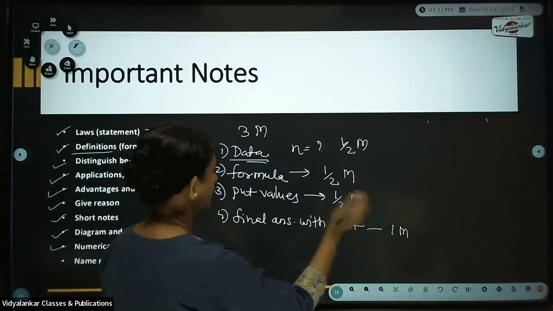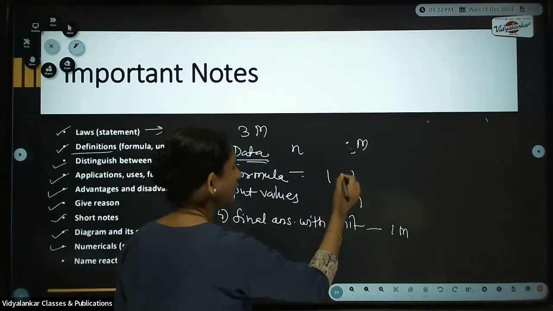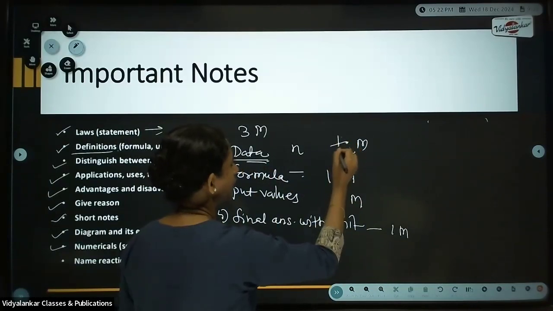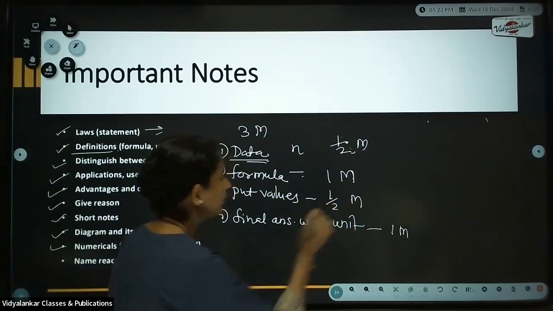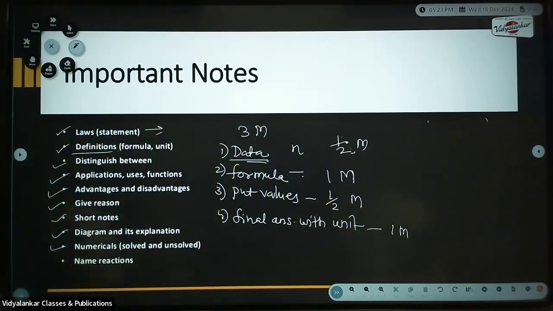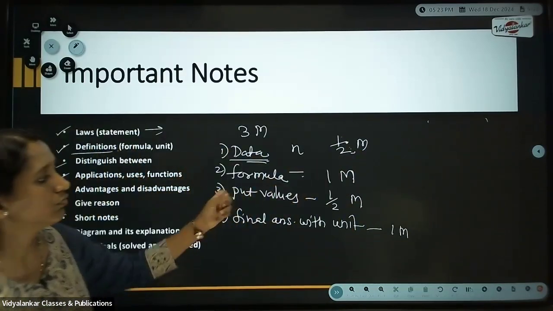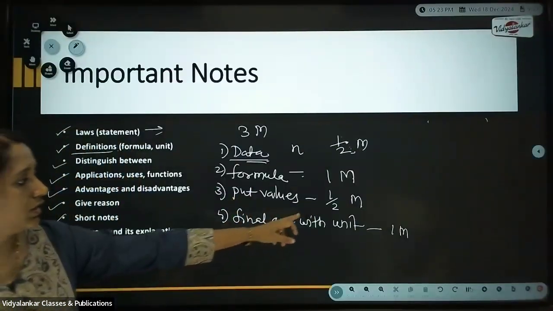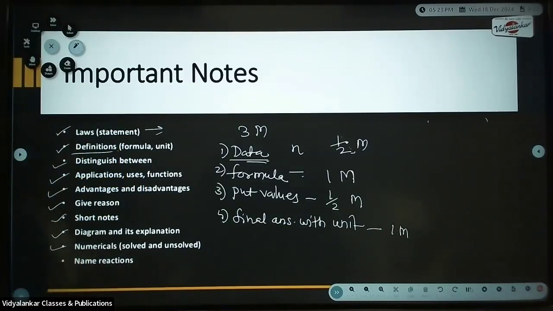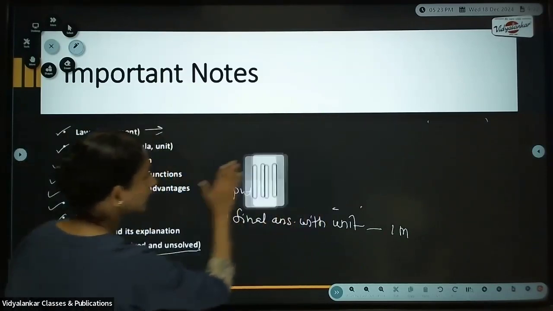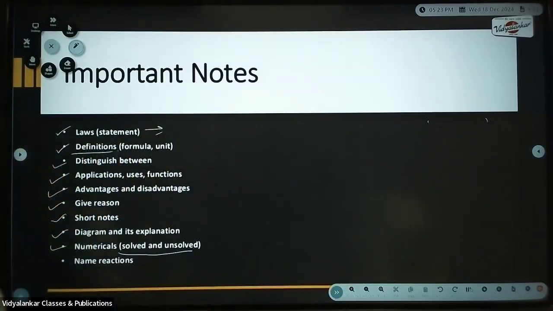So this is the general mark distribution for a 3 mark numerical: data carries half mark, formula writing carries 1 mark, putting values carries half mark, and the final answer with the unit carries 1 mark. This is with respect to numericals. Please focus on solved and unsolved numericals from the textbook. Fine. I hope you are understanding and you are clear with the paper pattern.